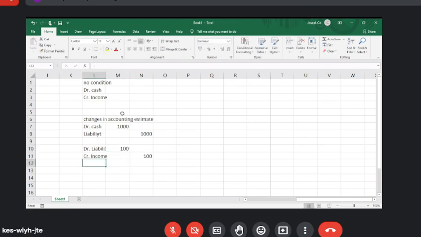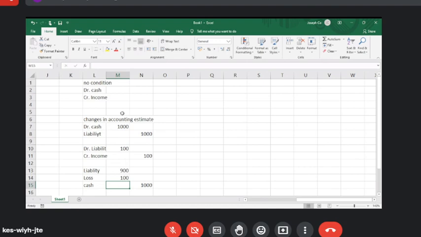Yung sumunod na taon, sinisingil tayo. Eh, magkano na lang naka-record ng liability? 900. Kailangan natin ibalik yung 1,000. Balancing figure natin, meron tayong loss. Kaya kung dati income, ngayon, loss.